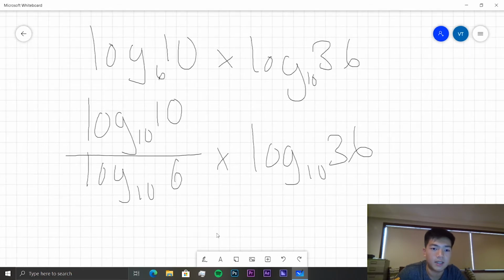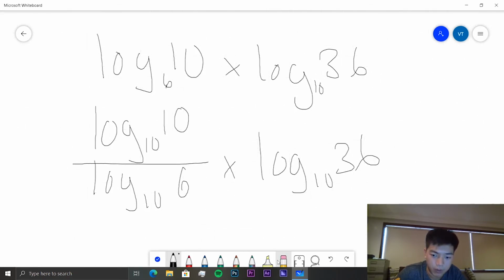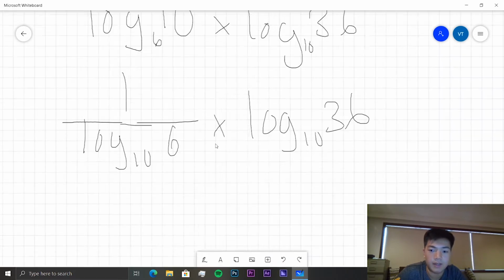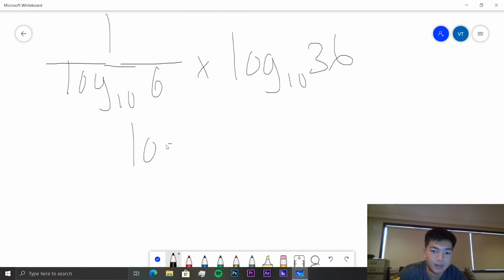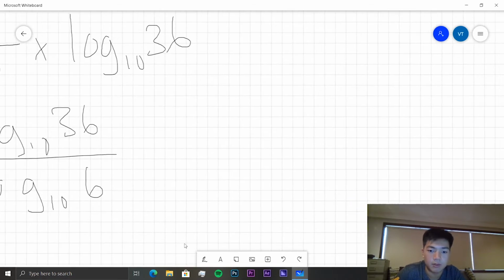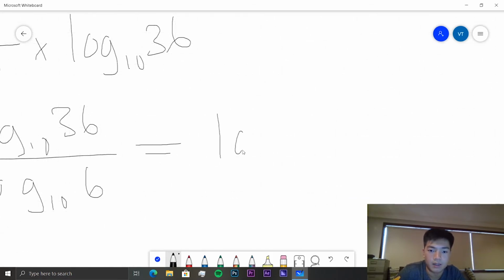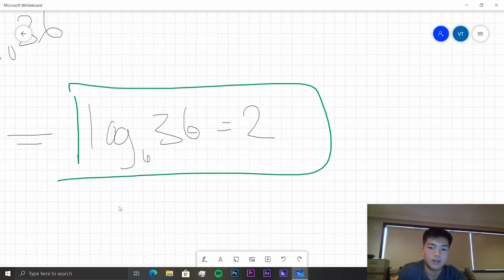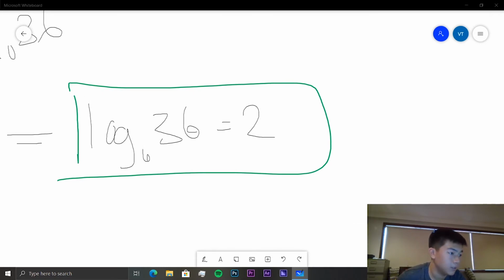So we know log base 10 of 10 is equal to 1. So simply 1. So then we can evaluate this as log base 10 of 36 over log base 10 of 6, which is equal to log base 6 of 36, which is equal to 2. So that is our answer. So the entire expression was equal to 2.